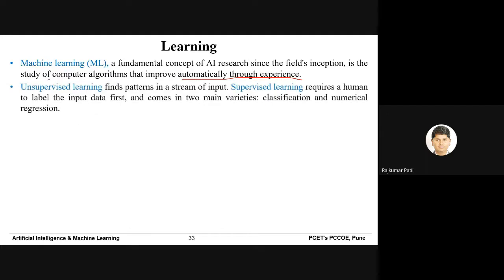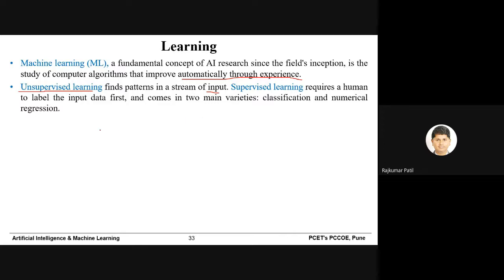Again, we will discuss that machine learning can be classified into unsupervised learning, where for given input data, patterns are identified, and based on the pattern, the decision is made.